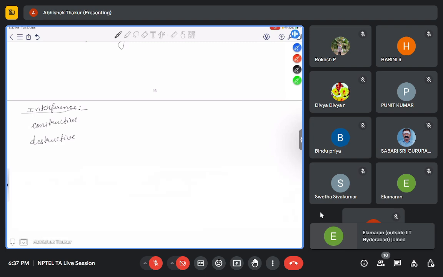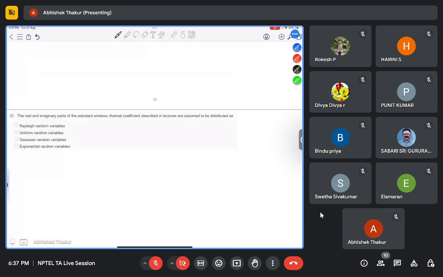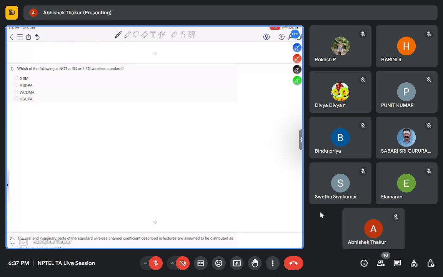So now we'll solve some questions. Then again we'll come to the theoretical part. In this question, it is asking which of the following is not a 3G or 3.5G wireless standard.